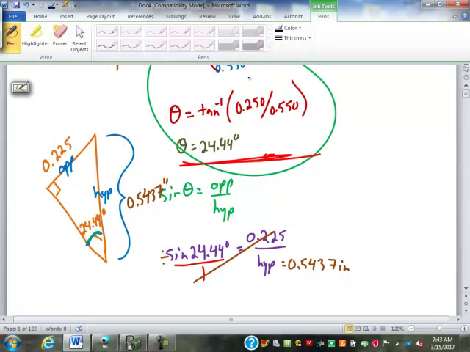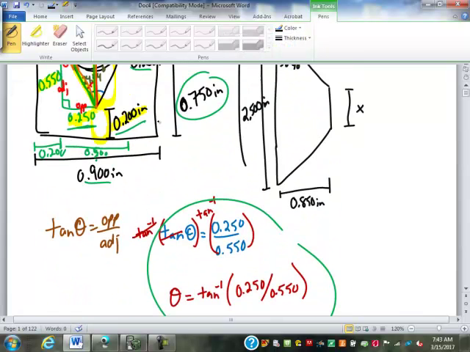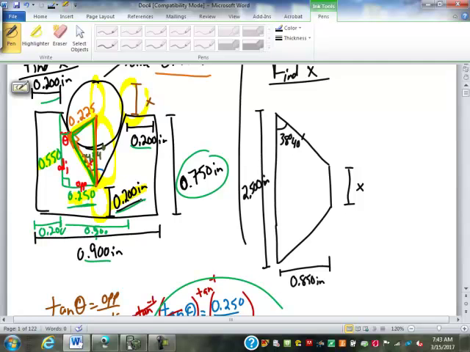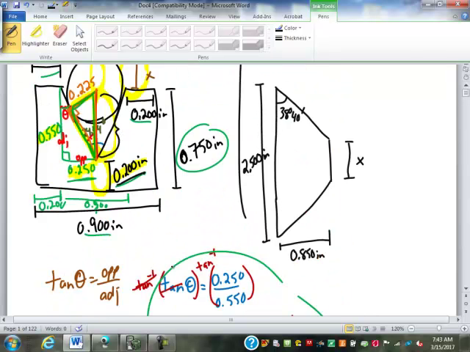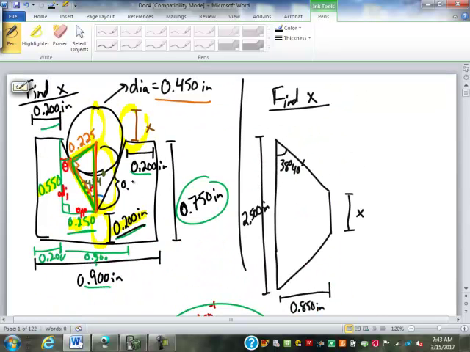So now you get the total height to the top of that ball. We've got the 0.200 here. We've got this here, which is what we just found, the 0.5437. And we've got from here to here, we've got the radius of 0.225.